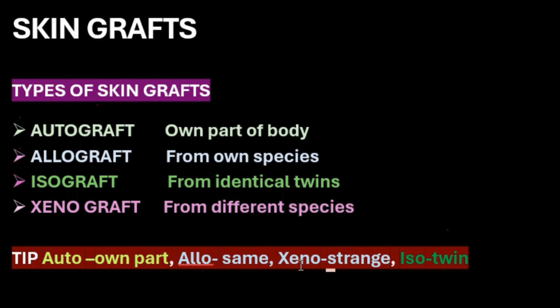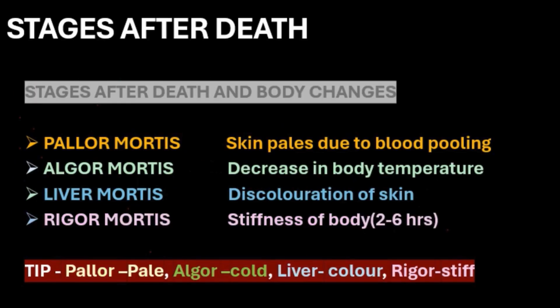Xenophobia is fear of strangers, so xeno strange you can remember. Allo same species, xeno different or strange species. Iso twin, identical twins. Then auto is own part. So this is the memory tip for the different types of skin grafts.